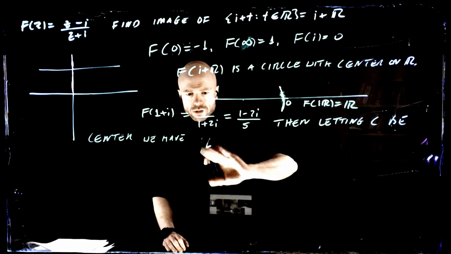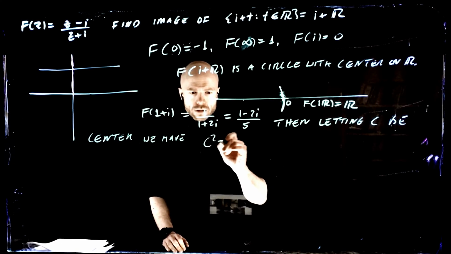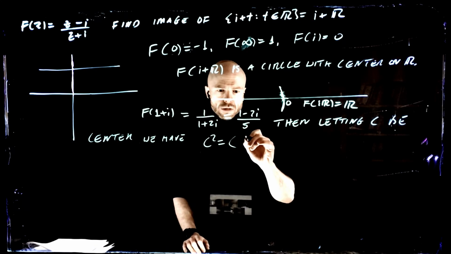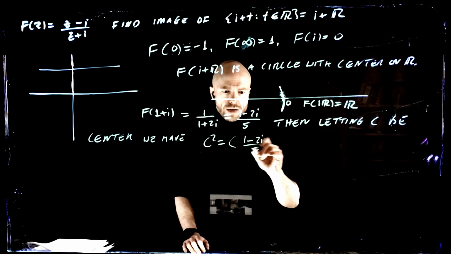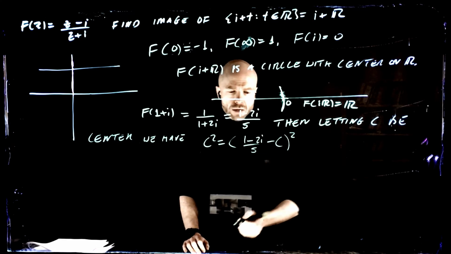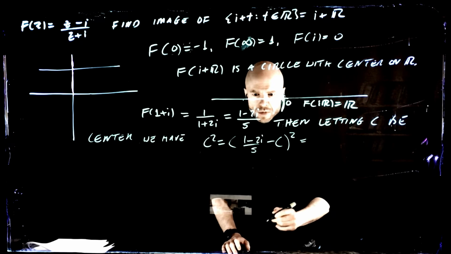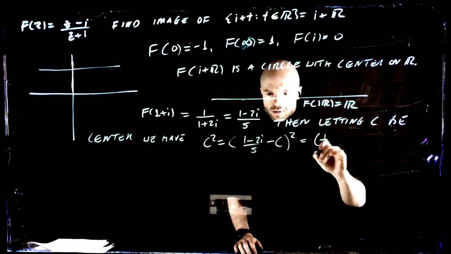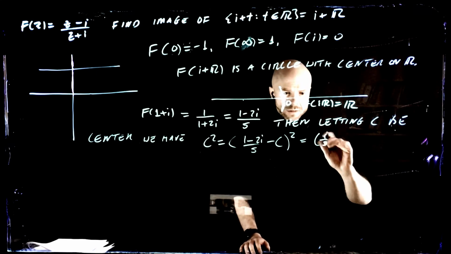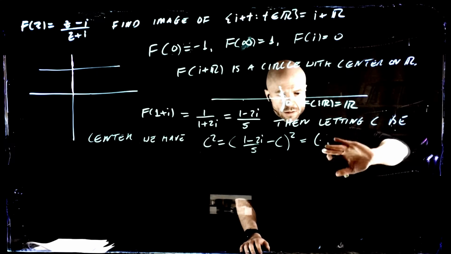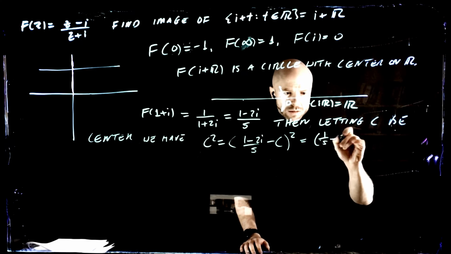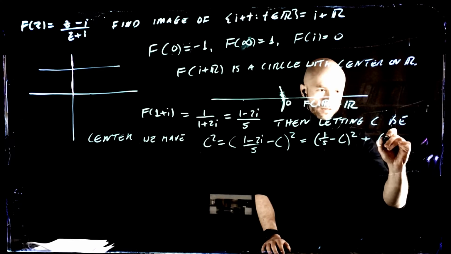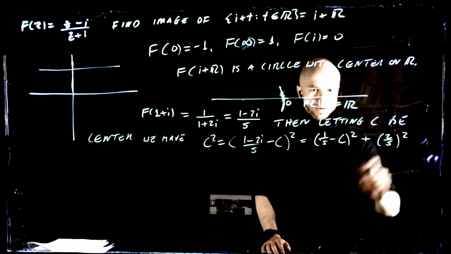That's right, it's just c squared. It's going to be the same as the distance of the center away from this point, which is 1 minus 2i over 5 minus c squared. And then this we can do some algebra with. So then this is 1 over 5 minus c, everything squared. And then this thing is just 2 over 5 squared, like this.